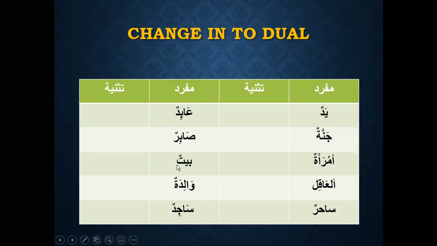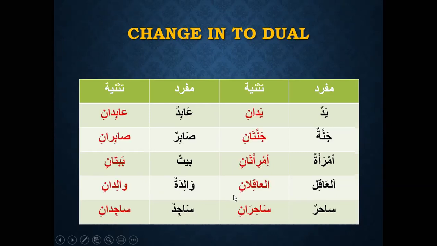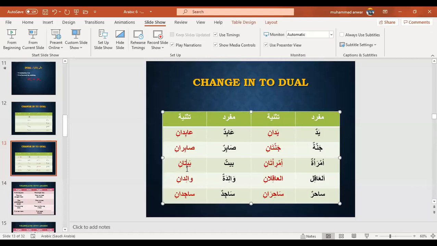Sabirani, two of those. Baytun, baytani. Walida, walidatani. Sajidun, the one who prostrates, sajidani. Okay. One second. Not babtani. Baytani.